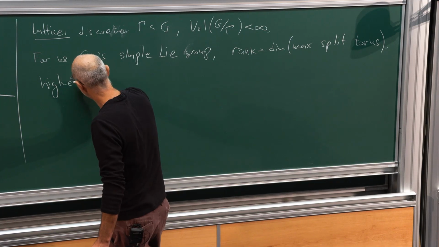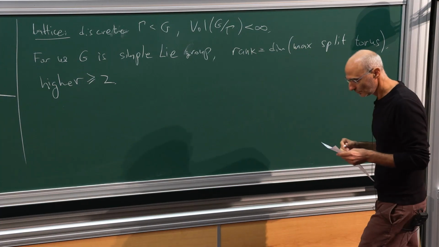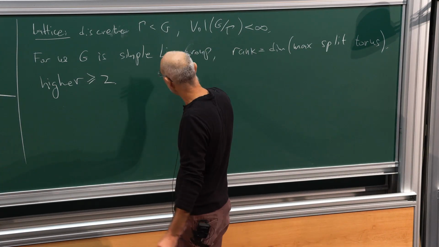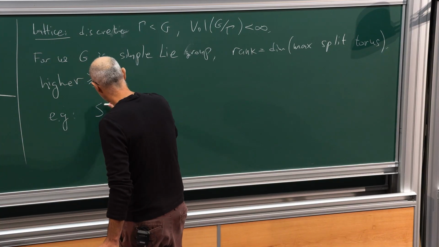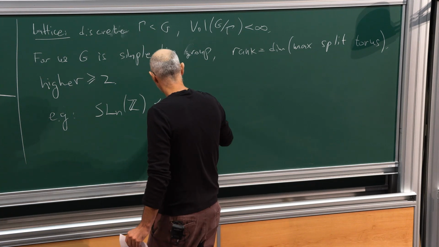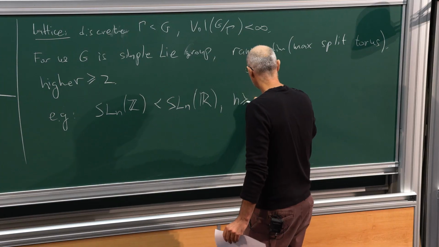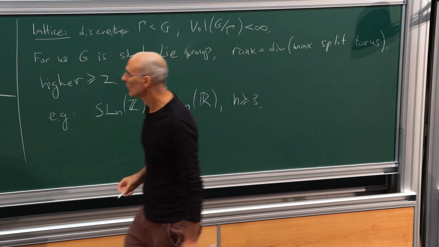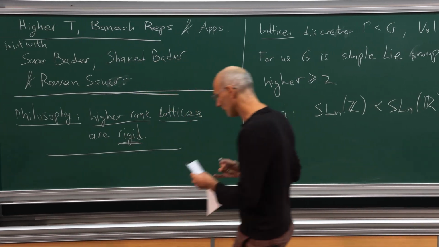Higher rank means that it is 2 or higher. And the example, as always, is SL_n(Z) inside SL_n(R). I should explain what I mean by rigid.